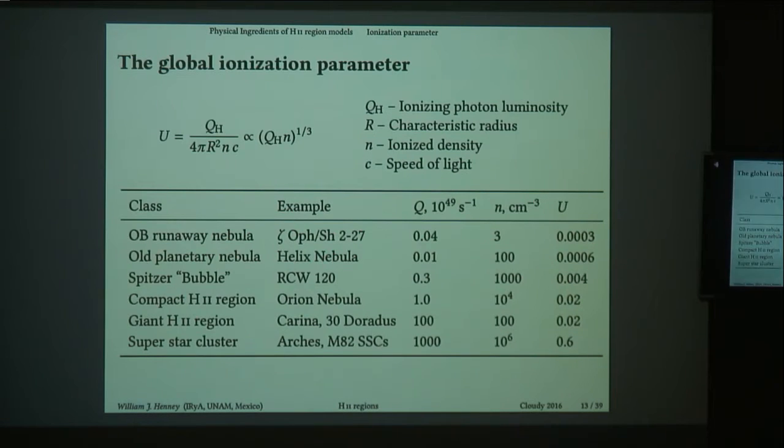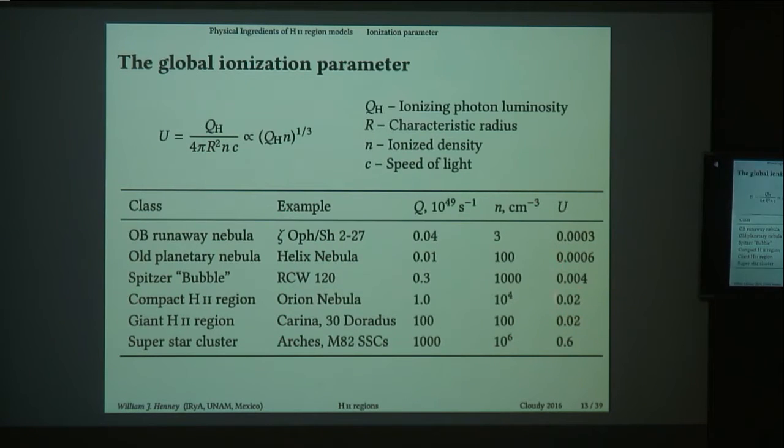Then there's an intermediate range, which covers typical small H II regions, such as those seen all over the galaxy with Spitzer, larger H II regions like Orion, and giant ones like Carina. They all have ionization parameters of order 1%. And if you go to the biggest, most massive star clusters in our galaxy, you can get ionization parameters approaching unity. I won't really be considering that.